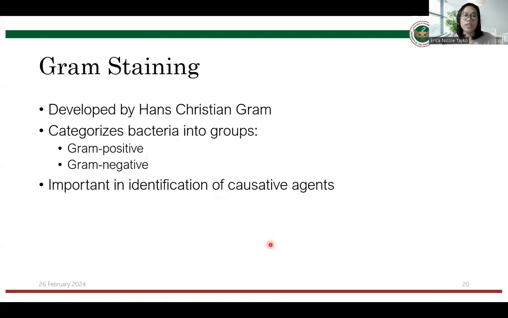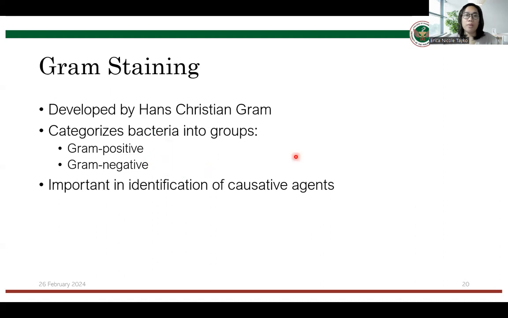So what's the importance of doing this? If you remember from your pharmacology, gram positive and gram negative bacteria would be susceptible to different kinds of antibacterial agents. For example, cephalosporins that belong to the first generation would be more effective against gram-positive bacteria.